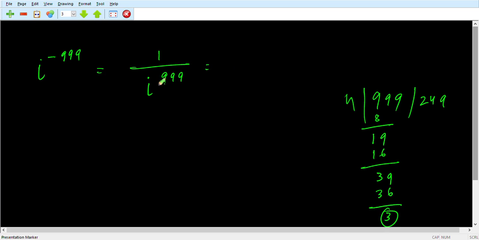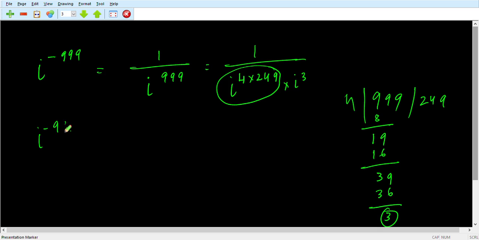So instead of this I can write iota to the power 4 into 24 into iota to the power 3, and the first part will become 1. So iota to the power minus 99 is equal to 1 upon iota to the power 3, and we know that iota to the power 3 will give you minus iota.